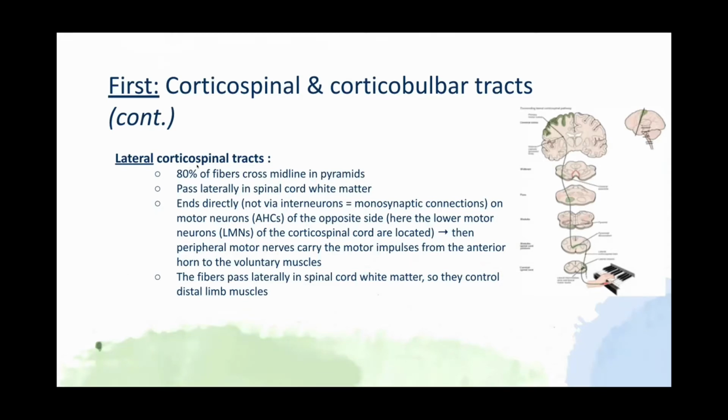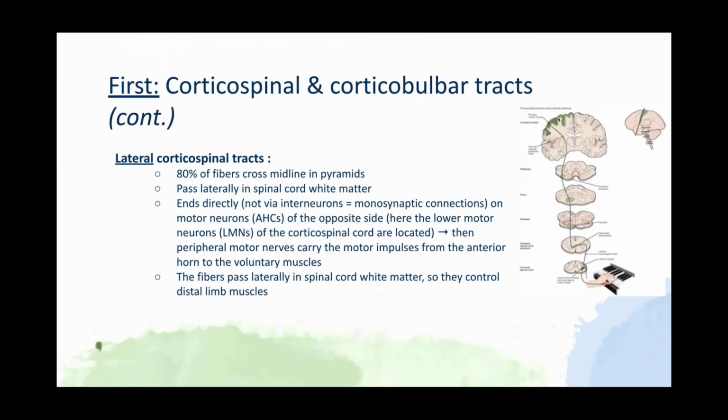What distinguishes the lateral corticospinal tract from the anterior corticospinal tract is that they cross in the midline in the pyramids. So the decussation, or the crossing, happens when a neuron comes from here and goes down and reaches the medulla oblongata, it is going to cross to the other side and go down. That's why we always say that the left area of the brain controls the right side of the body and the right area of the brain controls the left side of the body, because we have this decussation or crossing, and it innervates a side of the body that is opposite to where it originates from.